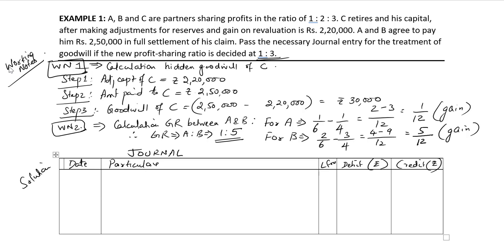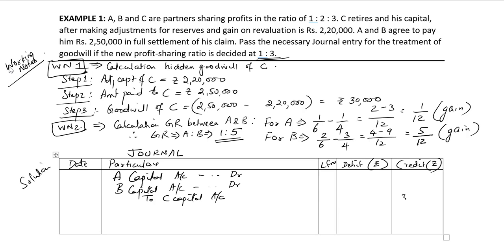We need to credit the retiring partner with his share of goodwill and debit the gaining partners with this amount divided in the gaining ratio. The continuing partners or the gaining partners are A and B. A's capital account debit, B capital account debit, to C capital account.